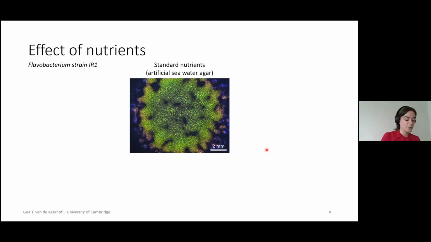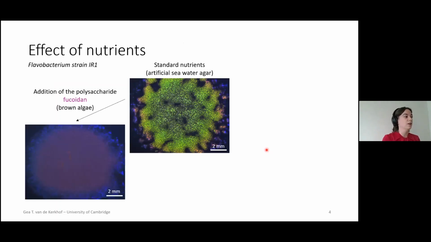But if we add to this nutrient mixture a polysaccharide, a type of sugar called fucoidan, the colonies grow more matte and purple. This is quite interesting, especially because we found that it is not a response that generally comes from adding any kind of polysaccharide or sugar.